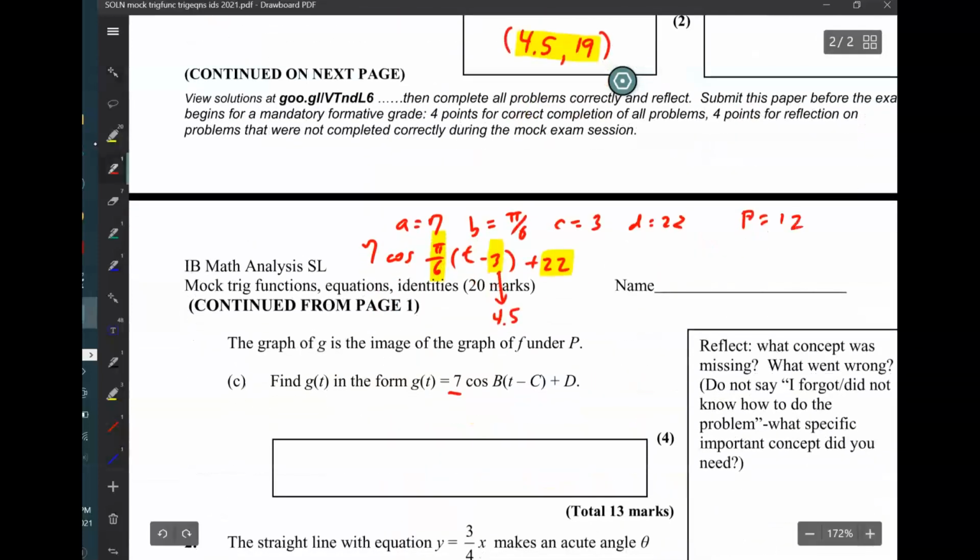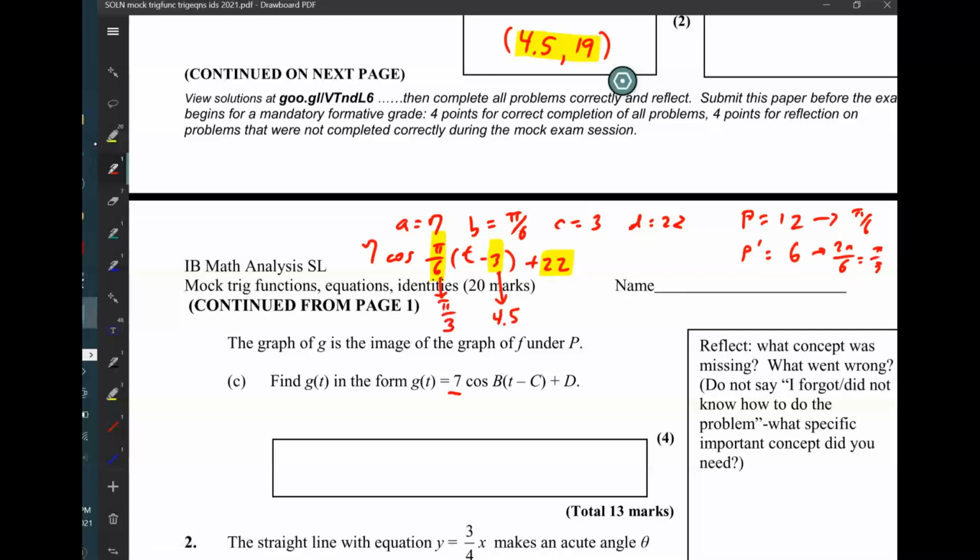And now that we did a horizontal stretch by a factor of 1/2, the new period is going to be 6, right? So before the B value was pi over 6, with a new period of 6, the value of B is going to be 2 pi divided by 6, which is pi over 3. So our new B value is going to be pi over 3, instead of pi over 6.